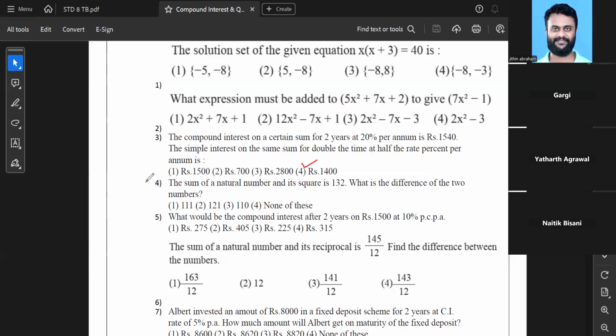Okay. The fourth one looks like a quadratic problem. Yep. Let's go for the fifth one now.